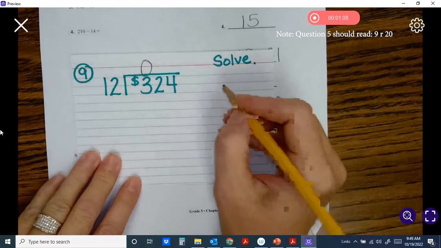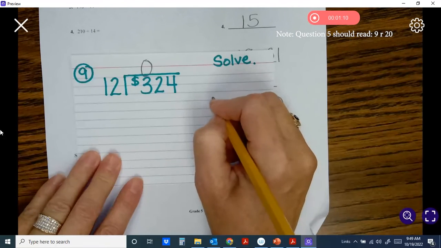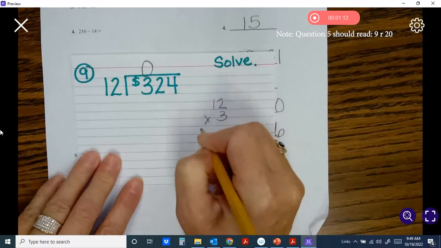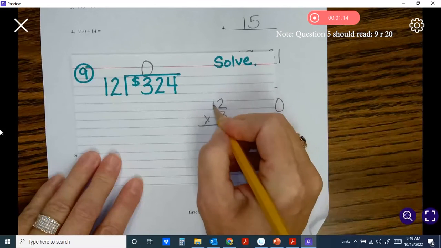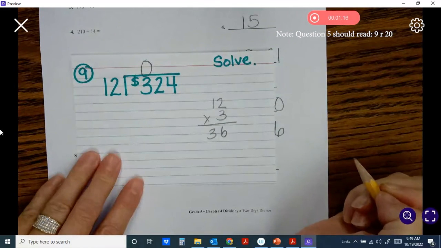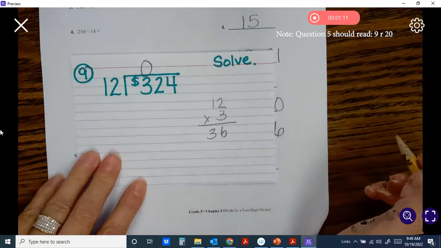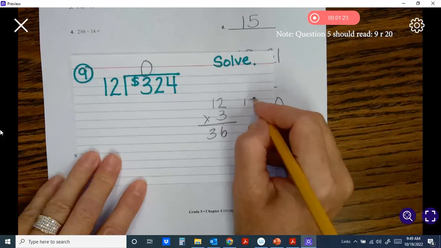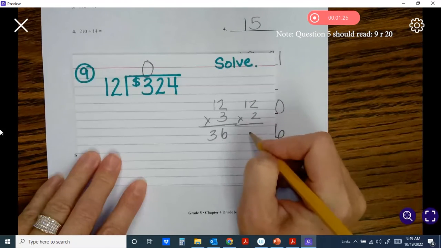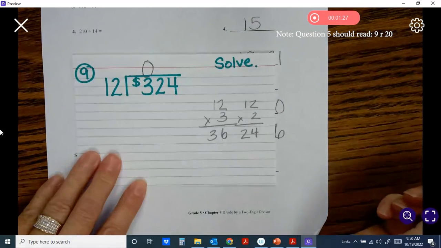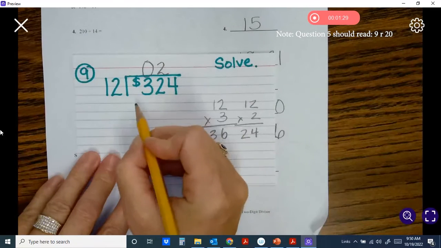So we're going to do 12 times 3, and we get 6. 3 times 1 is 3. Oh, that does not work, sorry. So we're going to have to do 12 times 2, and that's 24.